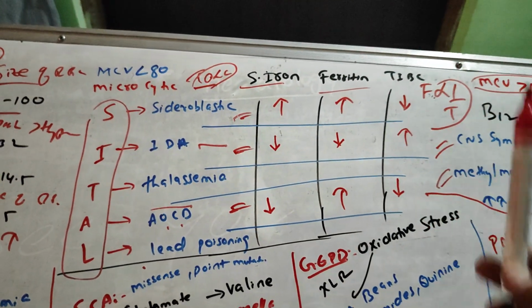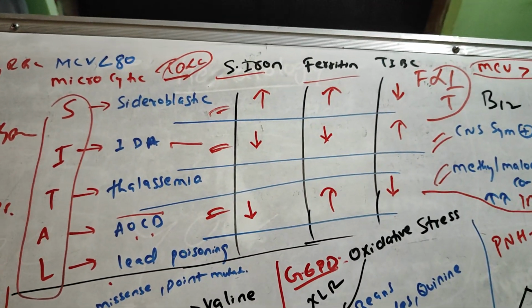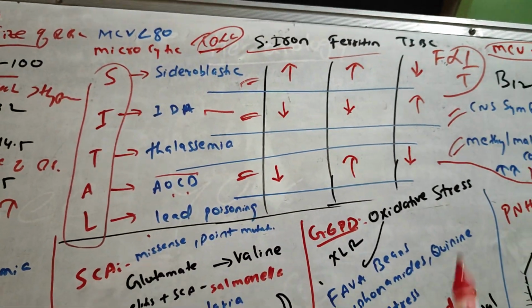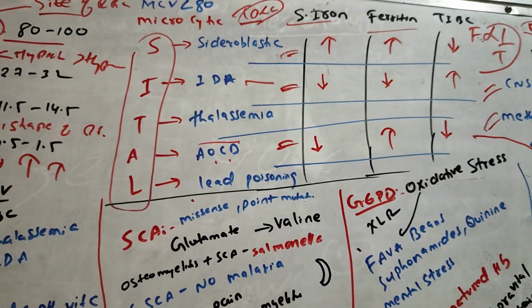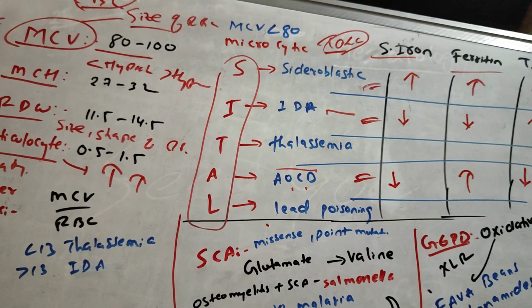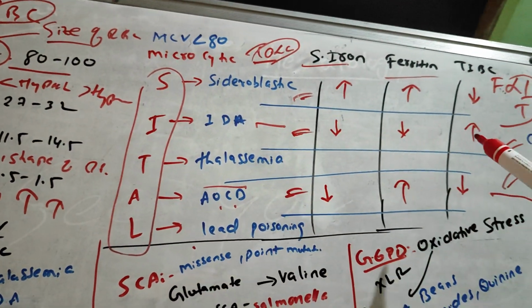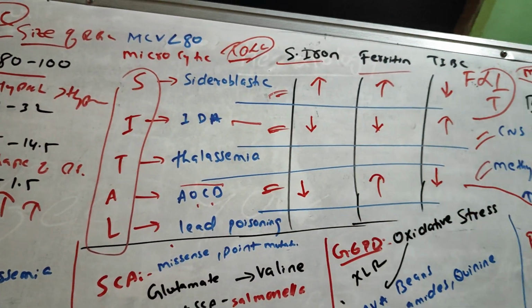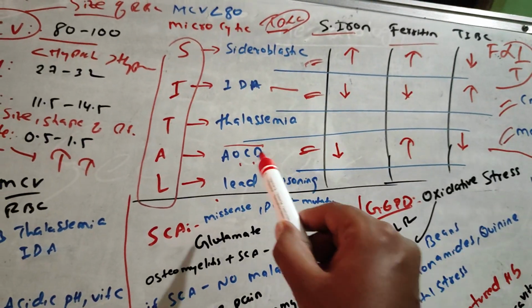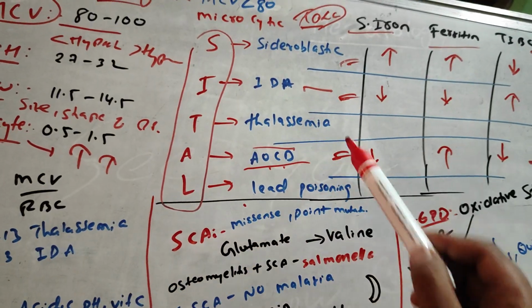I told you that ferritin is always inversely proportional to TIBC. That's why ferritin is high and TIBC is low. Got it? For iron deficiency anemia, everything is low, and if ferritin is low, TIBC is more. Got it? Next, coming to anemia of chronic disease.